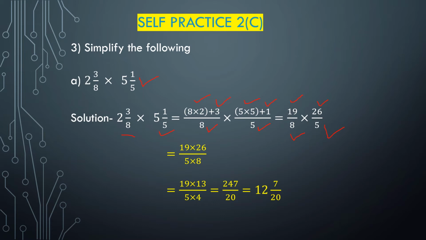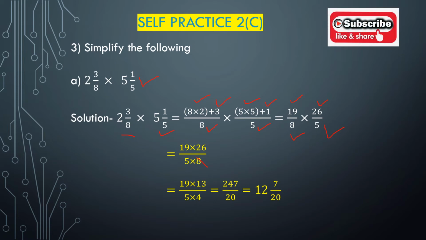We can cancel 8 with 16. 8 multiplied with 2 is 16.